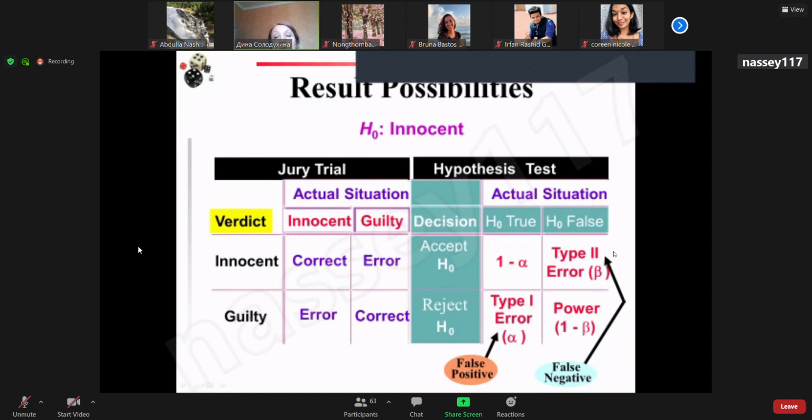In type 2 error, the situation is opposite. The null hypothesis is false, but we fail to reject it. So just by a mistake, we are not able to reject the null hypothesis.